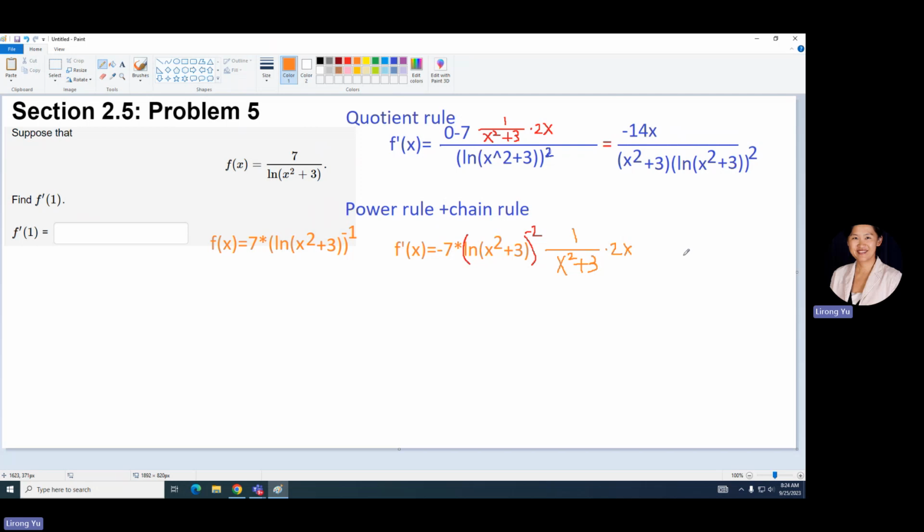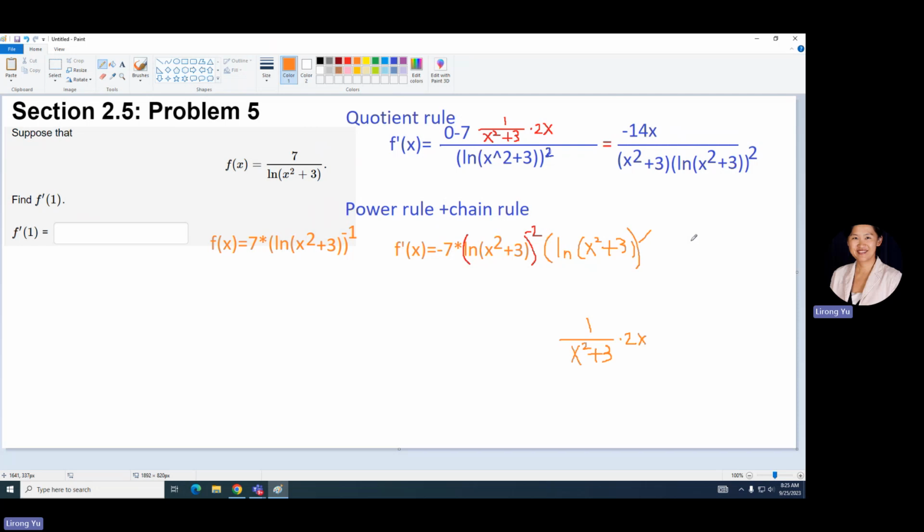So the process of applying the chain rule happens twice. If I try to write it slower, say we're differentiating the logarithm of x squared plus 3. This is when you would apply the chain rule for the first time.